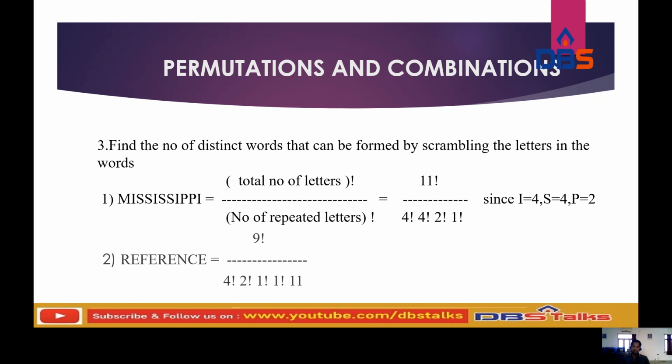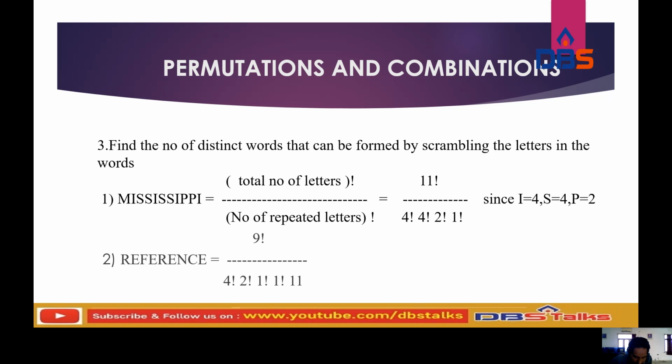So it equals 11 factorial by 4 factorial, 4 factorial, 2 factorial, 1 factorial, since I equals 4, S equals 4, P equals 2, and M equals 1.